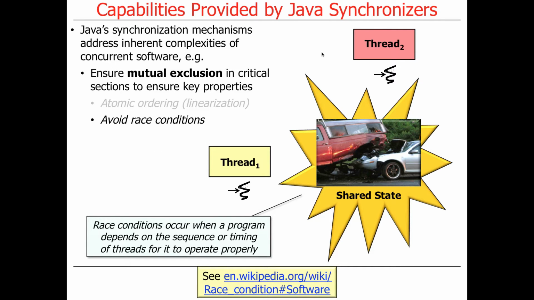Another thing that we're trying to do with mutual exclusion is avoid race conditions. And you may recall before, race conditions occur when a program depends on the sequence or timing of threads for it to operate properly. I'll show you some examples in a second of where race conditions will get us into trouble. And you'll see this is a very, very common problem in concurrent computing programs.